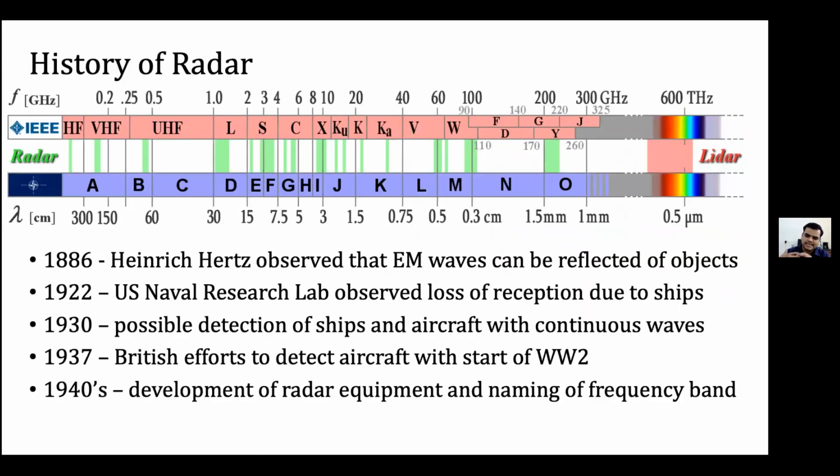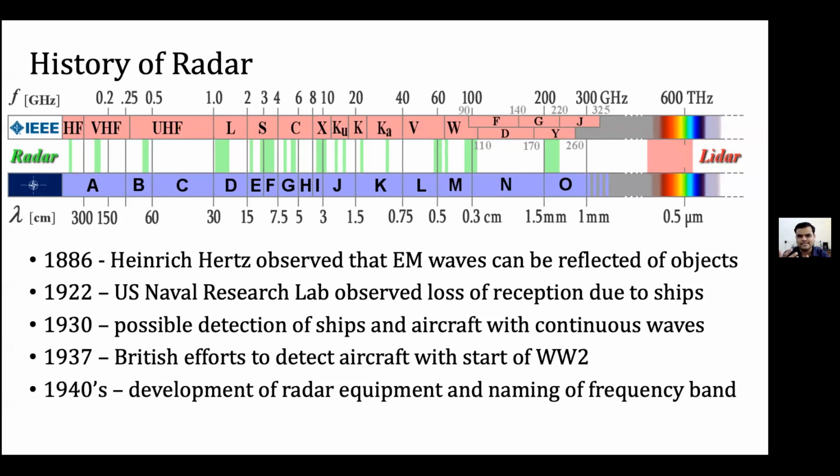The technological development of radar mostly happened during the Second World War. There is a story that some researchers in the US Naval Research Lab were testing whether they could communicate across a river, but they found that if there were ships on the river, then there was a reflected backscatter.